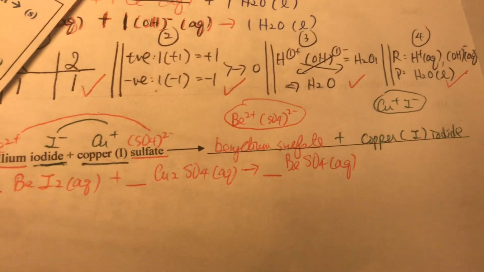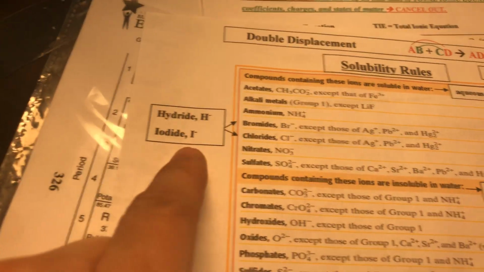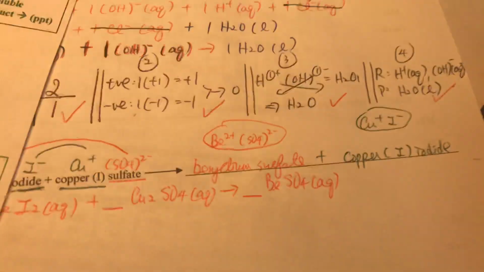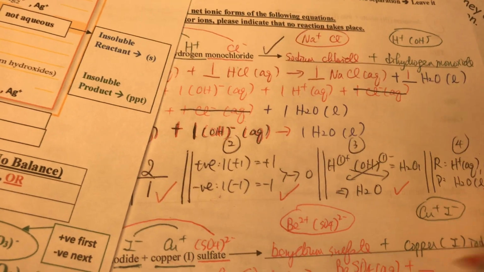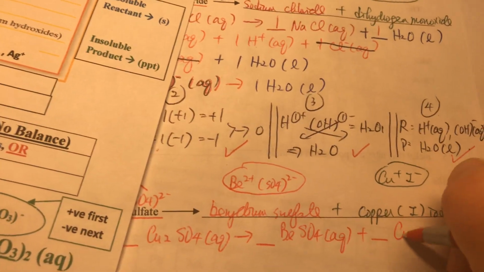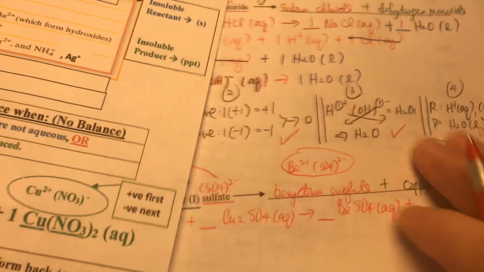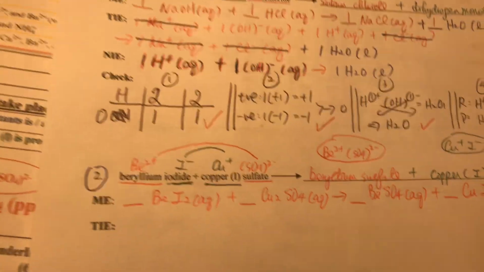And then copper 1 iodide. We want to check it's soluble. Iodide is soluble, no exception. So we also use red pen. So then it will be CuI, and it's AQ.